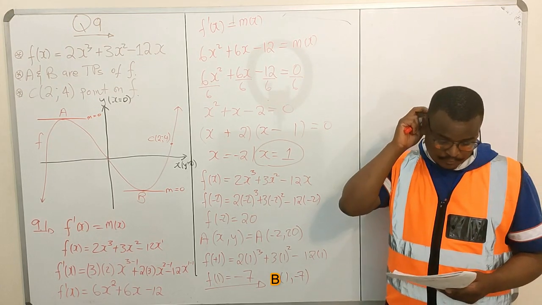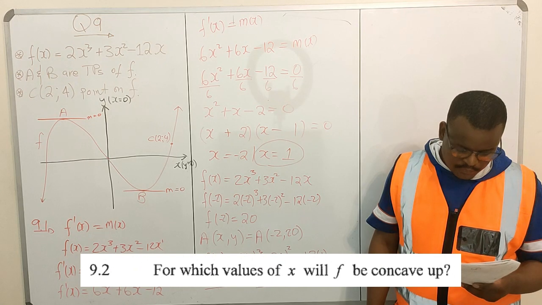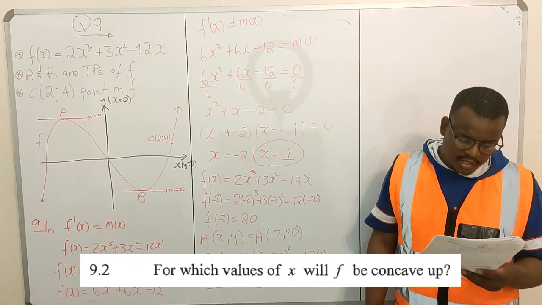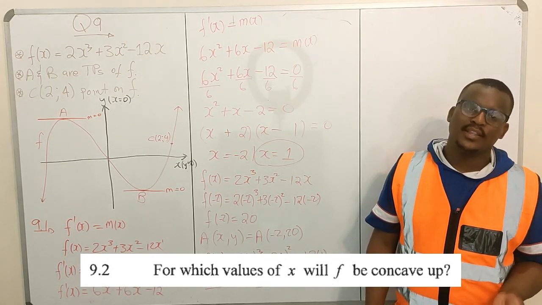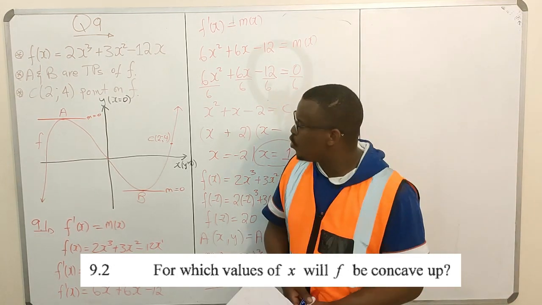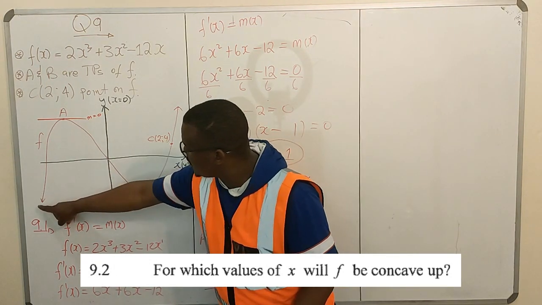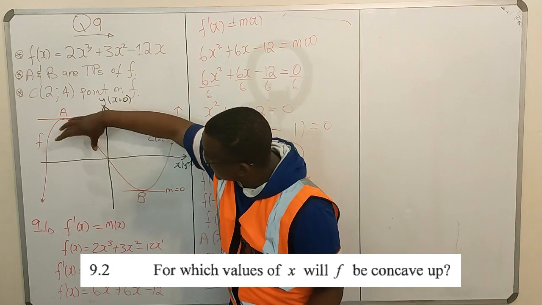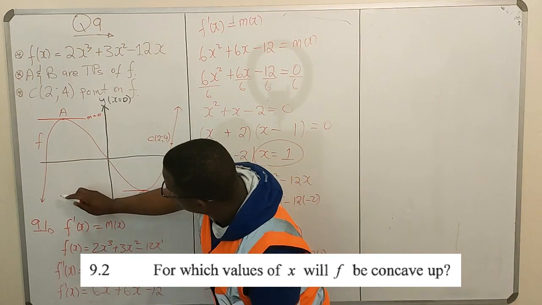Okay, so now we're going to do 9.2, right? Determine for which values of x will f be concave up. So they want to find the values of x for which this graph is concave up. What do they mean by concave up? If you can see from here up until somewhere in this area, your graph is concave down, which has a shape like this.